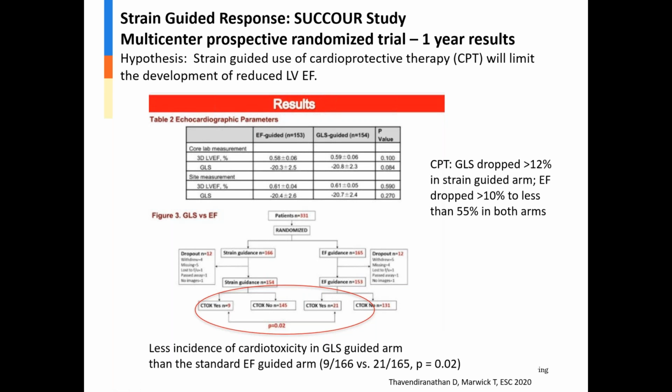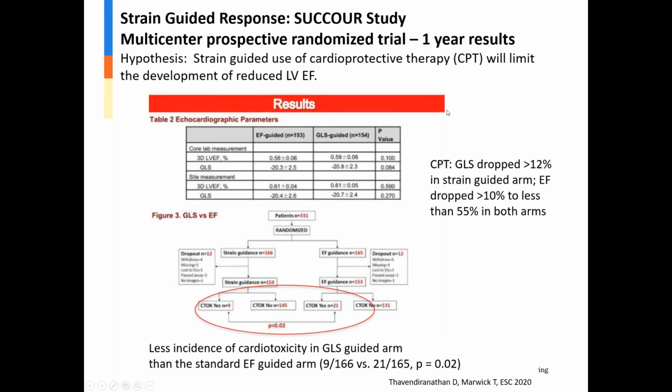So patients receiving cardiotoxic therapy were randomized to a strain guidance arm versus a conventional EF guidance arm. And cardioprotective therapy was initiated if GLS dropped more than 12% in the strain-guided arm, and when EF dropped more than 10% to less than 55% in both arms.